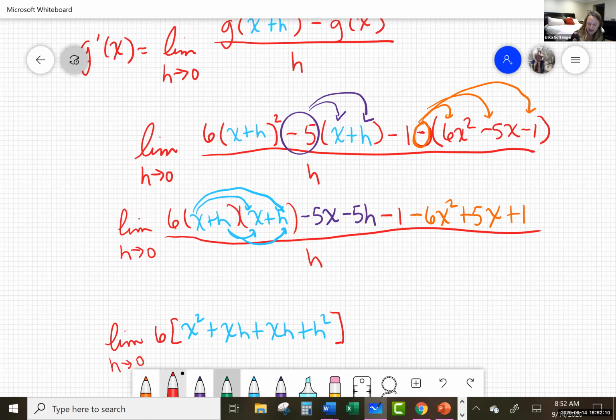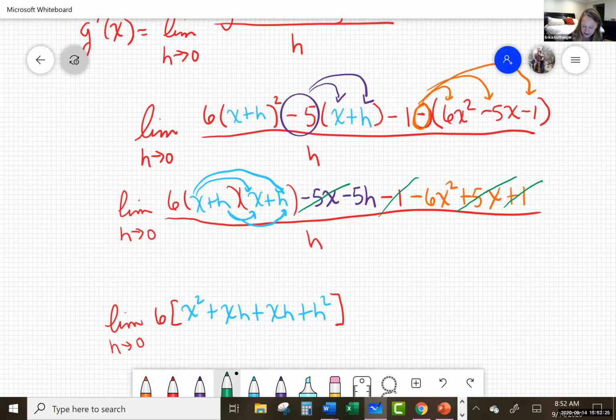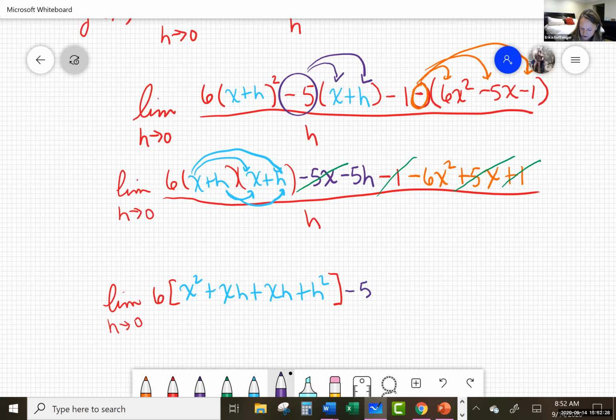But notice things cancel over here. I have a minus 5x and a positive 5x cancels. I have a -1 and a positive 1 cancels. So the only thing that's left up there besides that 6 times that quantity is that minus 5h and this minus 6x squared. And this is still all over h.